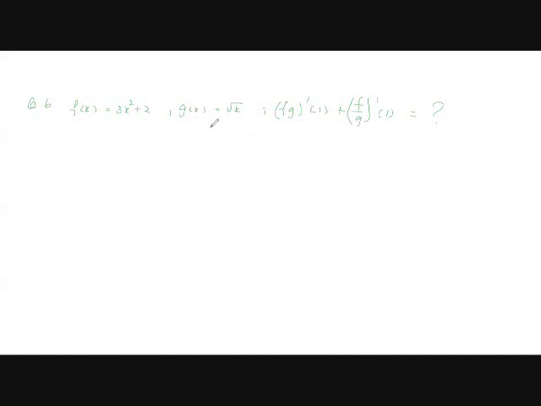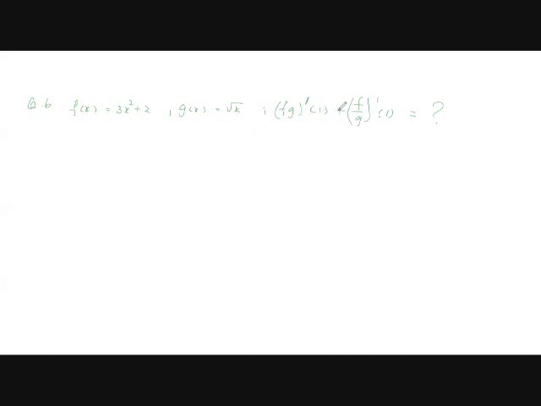I think I can leave this question for you to practice, because this one is not hard. How to do it: you just do f of x times g of x, get this equation times this one. Multiply it out, then differentiate, you know already. After differentiating, you replace x with 1.